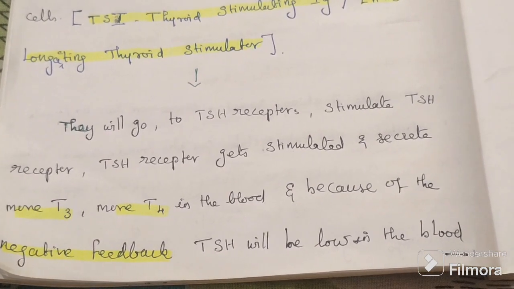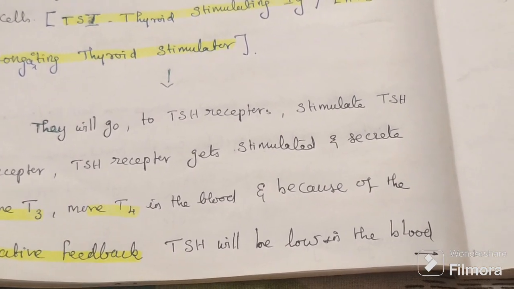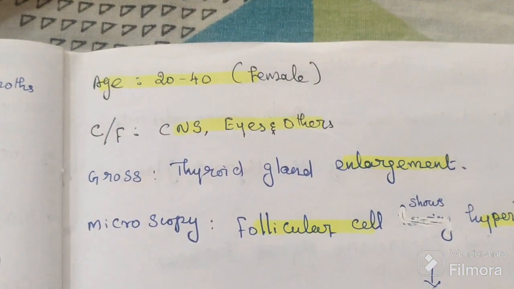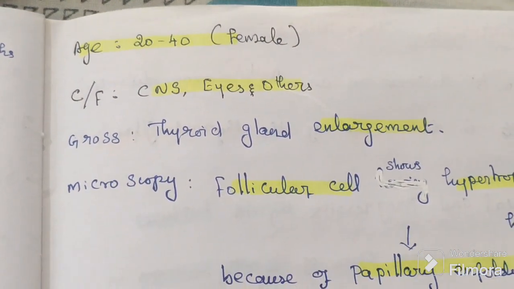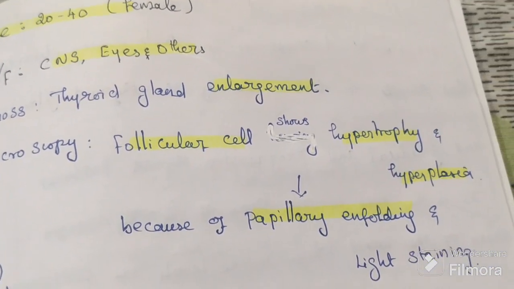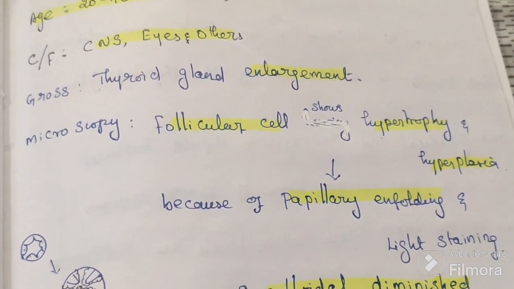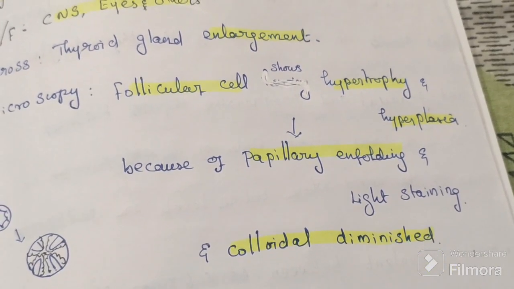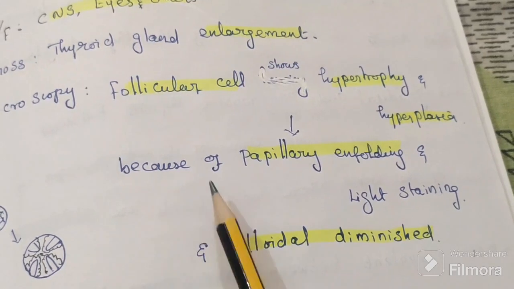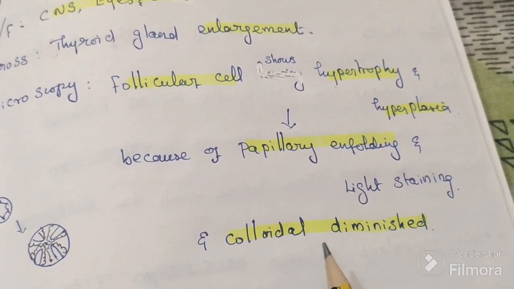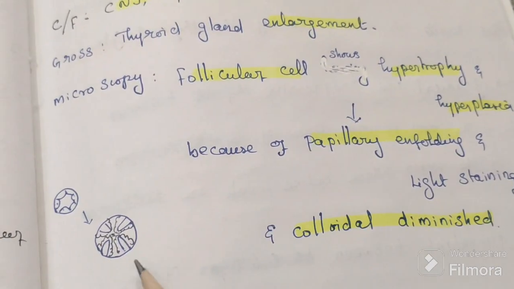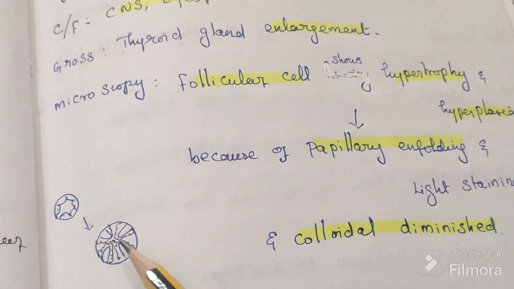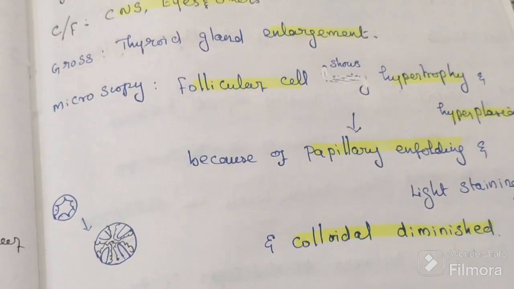Because of negative feedback, TSH will be low in blood. It mainly affects the age group 20 to 40, mainly females. Then clinical features, gross mainly enlargement. Microscopy: two very important things, papillary infolding and colloid diminished.